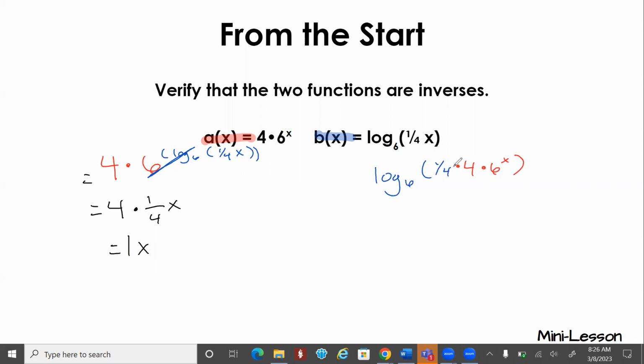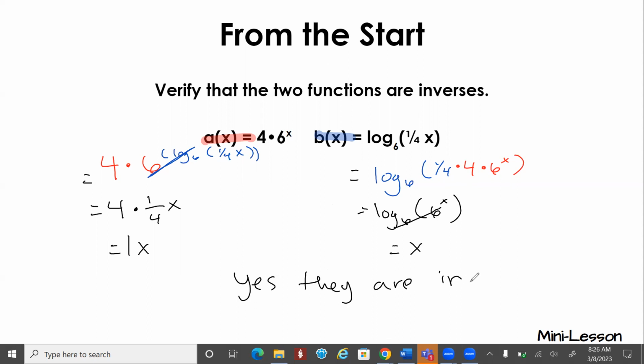So what we have here is 1/4 times 4, which is going to give us 1. So this is going to give us log of base 6 of 6 raised to the x. Since these are the same bases, they will cancel, and we're left with x. So yes, they are inverse functions.